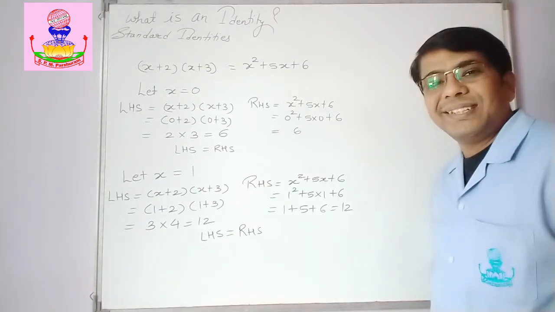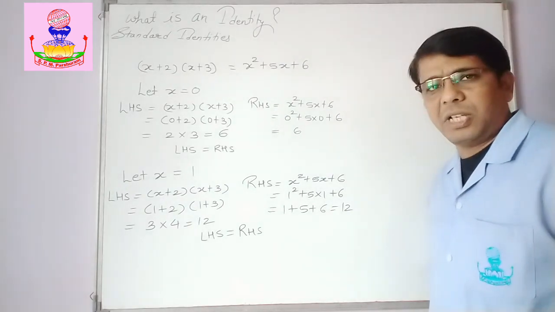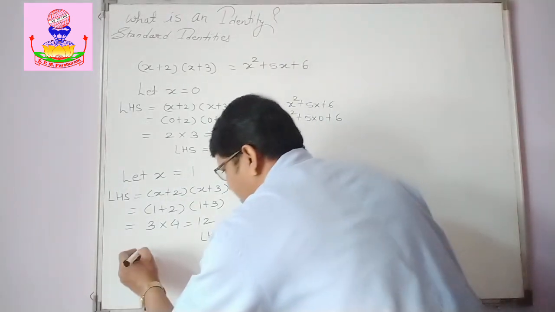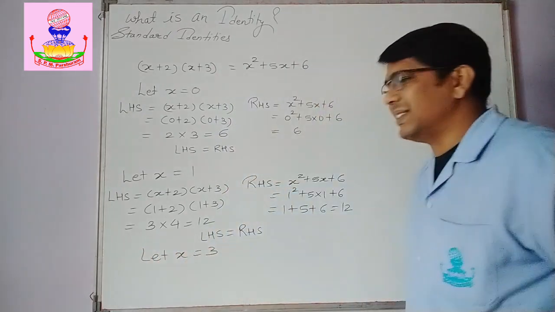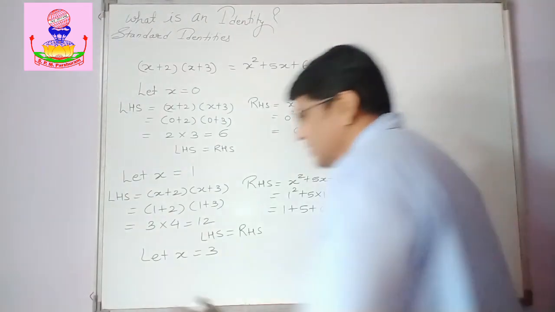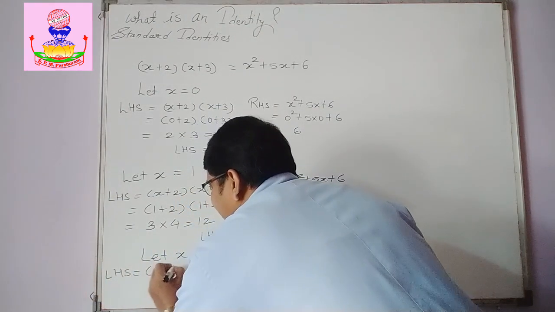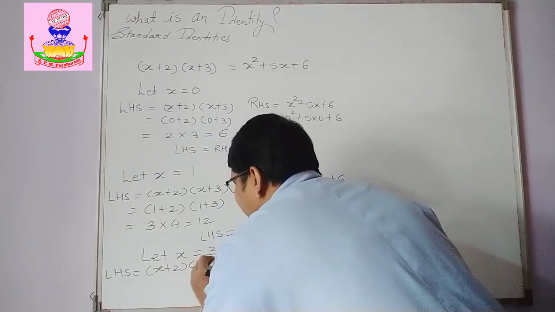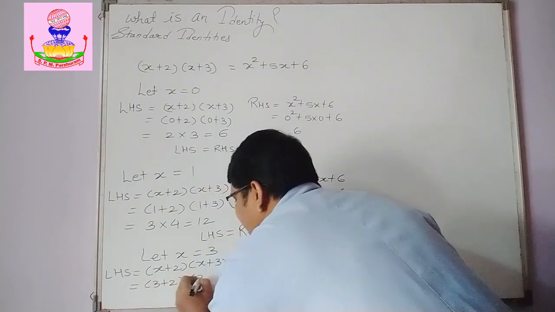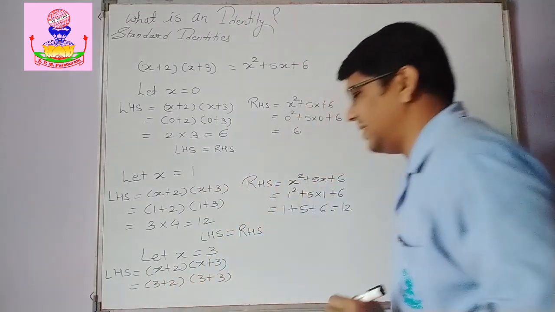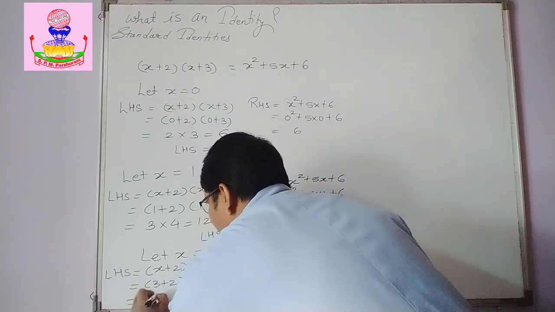Right? Our next friend, yes, Aryan Takle, says, no sir, I will take x equal to 3. He took x equal to 3 and saw what LHS he gets. So LHS (x + 2)(x + 3), so (3 + 2)(3 + 3). Value of x is 3.